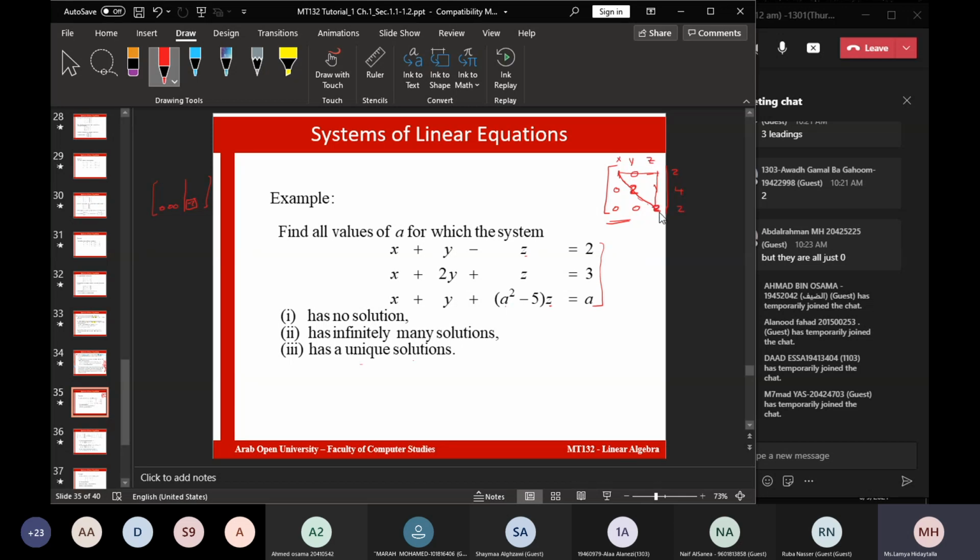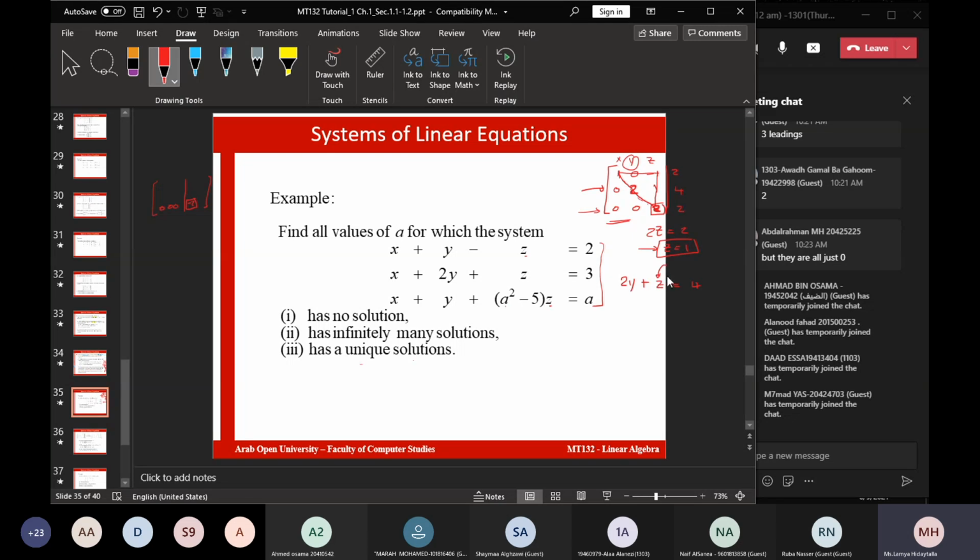So what do I say? I start from the last row because only one element is there. So 2z equals 2. This implies z is equal to 1. So I got the value of z. Now we move to the second row. We have 2y plus z equals 4.